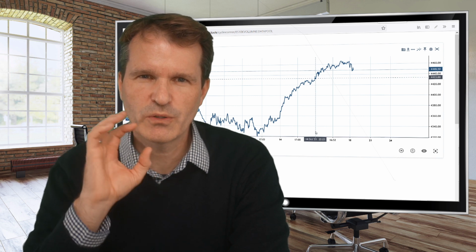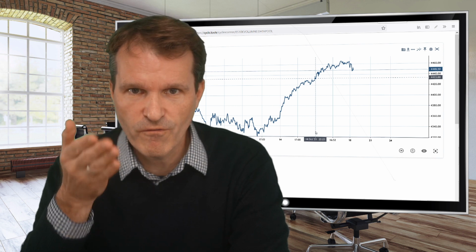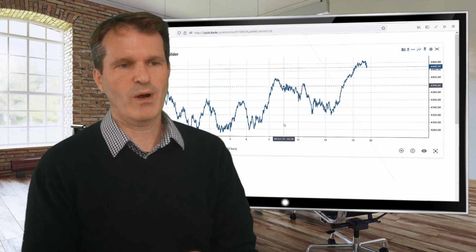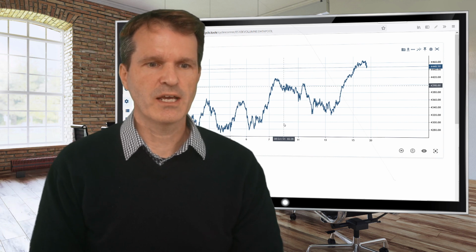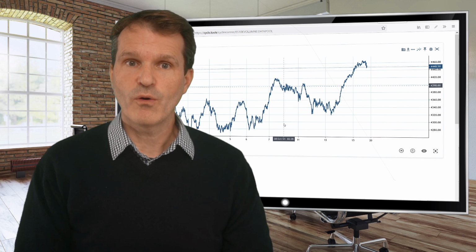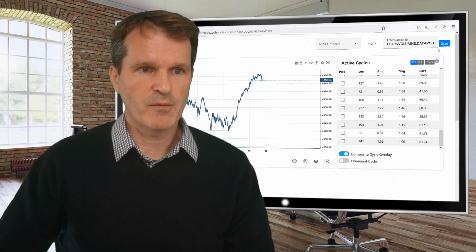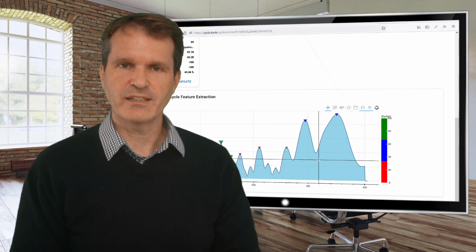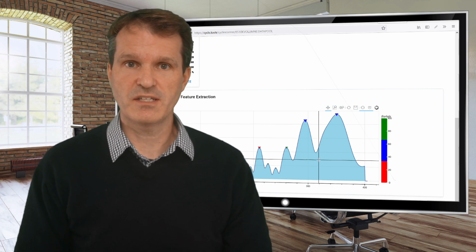This is important because now we apply our cycle analysis technique to this volume chart and not a time-based chart. That's important to understand first, because it looks quite like a basic chart. So we can now apply the cycle engine to get a clue on what volume cycles are active in this data series.